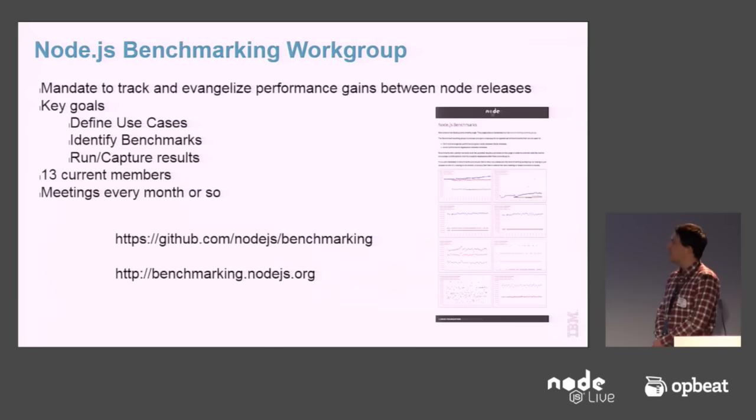We've currently got about 13 members, and we have meetings every month or so. We had a meeting on Tuesday, so our next one's likely to be in early May. You can have a look at what's going on on the GitHub page, Node.js benchmarking, and you can also see the various graphs for the benchmarks we run on benchmarking.nodejs.org.